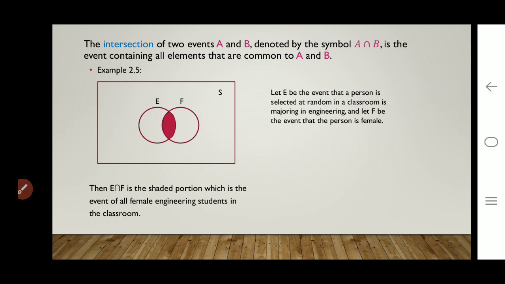Let E be the event that a person selected at random in a classroom is majoring in engineering. And let F be the event that a person is female.